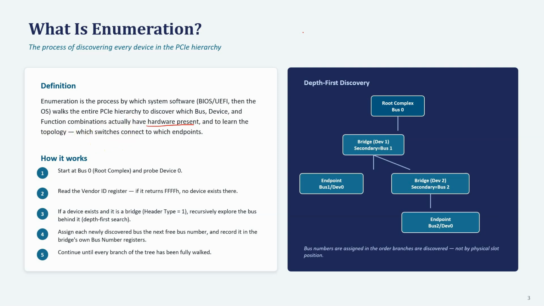Where is the switch? Where are the endpoints? It is going to discover every particular thing. That is my enumeration. So enumeration is the process of discovering everything that is present inside the PCI hierarchy.